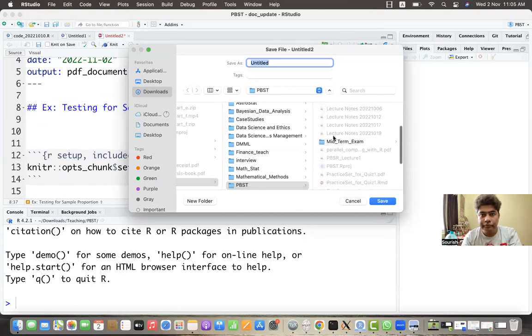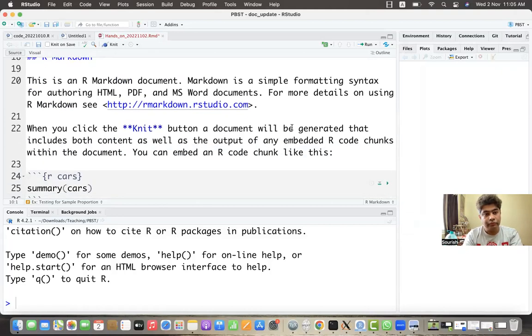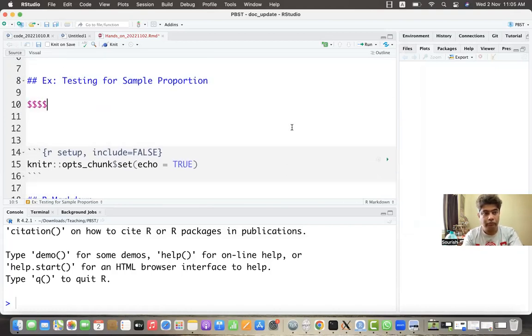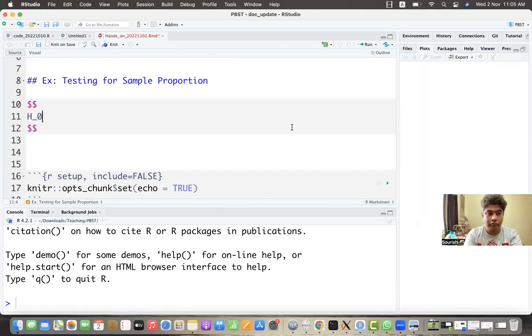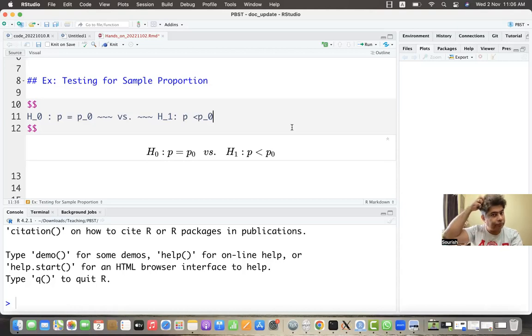Now, what we are trying to do is test H naught: P equal to P naught versus H1: P is strictly less than P naught.